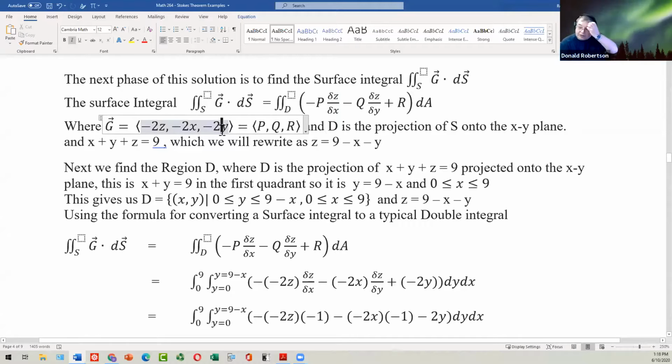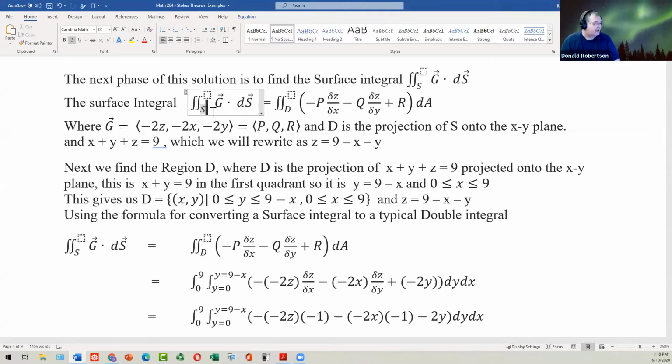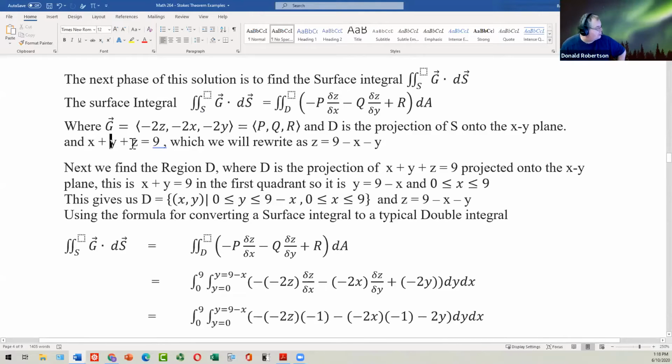Now P, Q, and R are this guy, and this guy, right? They're just placeholders. P, Q, and R is shorter than a general version. And who is this D? When you did surface integrals, don't you project the surface down onto the floor, right? So when you do that, that's who D is. Now, if you look at the question that we've got, and we're trying to take this surface and drop it down, what we've got is x plus y plus z equals 9. That's that sloping plane, right?